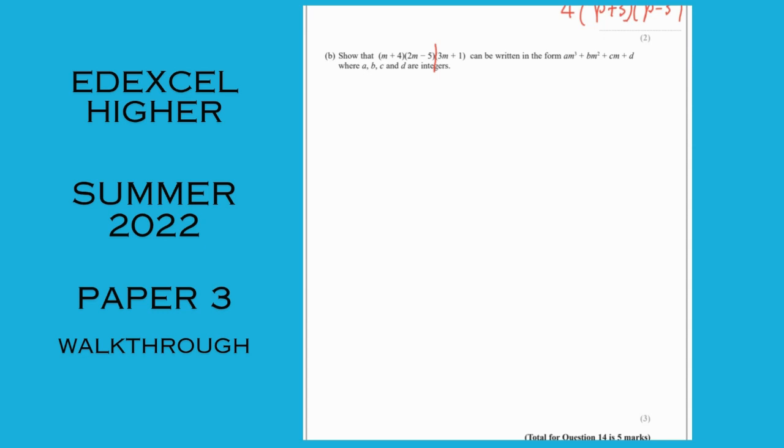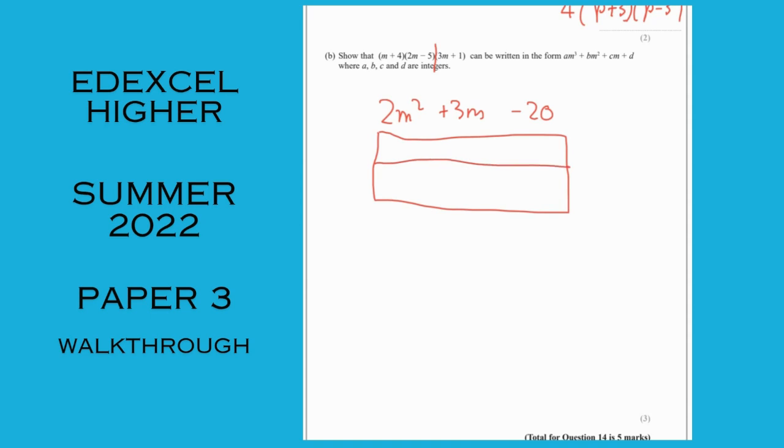So I just expand them mentally. m times 2m, 4 times -5, and the m's, 4 times 2m is 8m, take away 10, m times -5 is -5m, plus 8m is positive 3m.